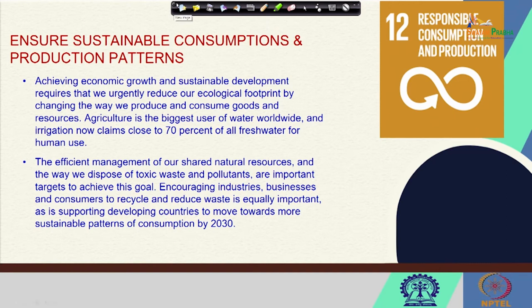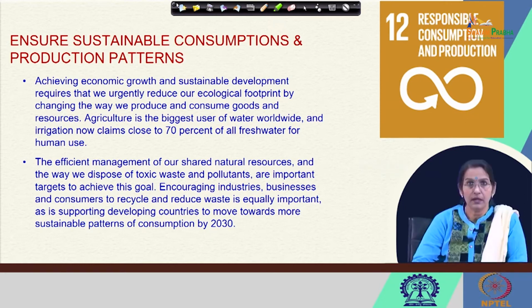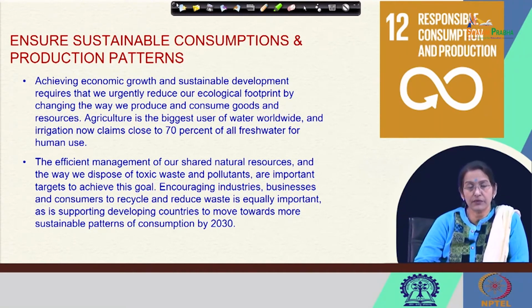Achieving economic growth and sustainable development requires us to reduce our ecological footprint, that is the carbon footprint, by changing the way we produce and consume goods and resources. For example, our factories, industries and other manufacturing sector industries also produce a lot of wastage and carbon as a result of their manufacturing process.